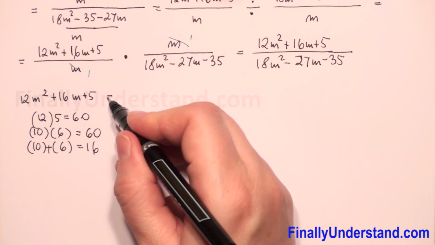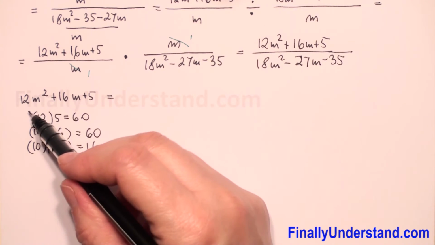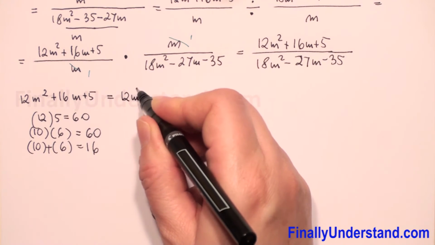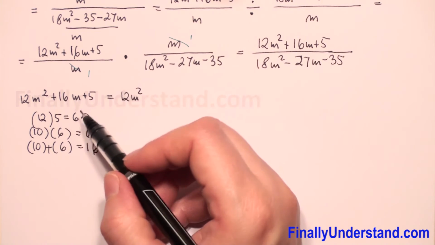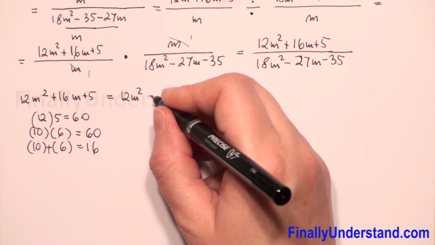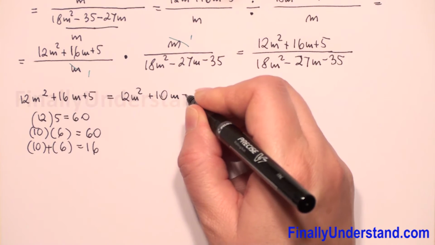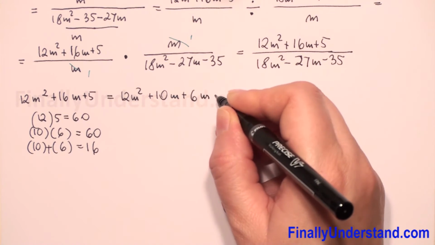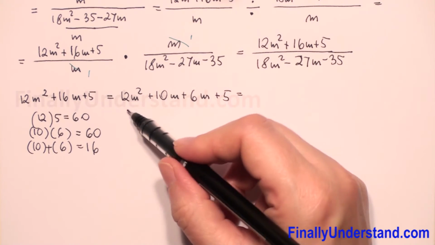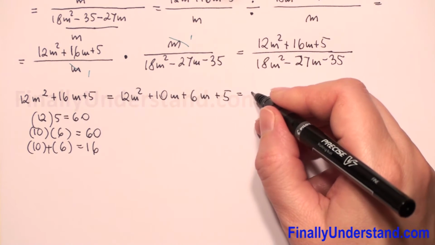So now we can rewrite our quadratic trinomial. The first expression we have to copy. 16m we can rewrite now by using these two numbers which we found. So it will be plus 10m plus 6m, and we copy the constant. Now we see that we can factorize from the first two expressions 2m.